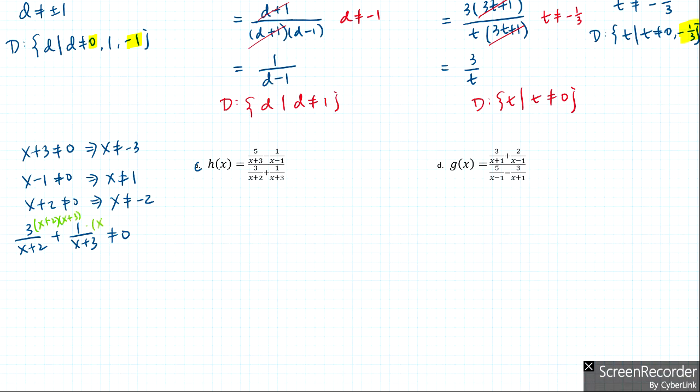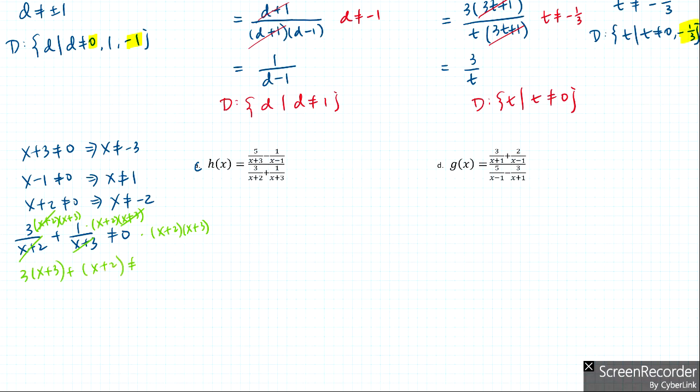So if I multiply everything by the product, I'm just going to go ahead and distribute that LCD to every single term on the left and on the right. On the left, we can have a little bit of cancellation. We would just be left with 3 times x plus 3 plus 1 times x plus 2.